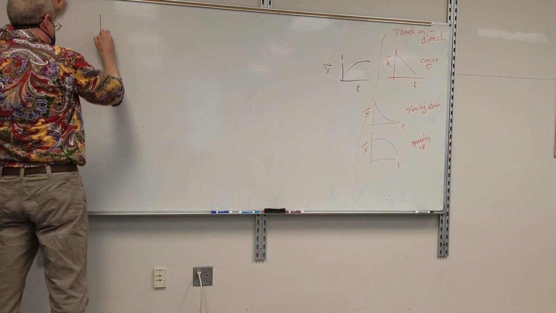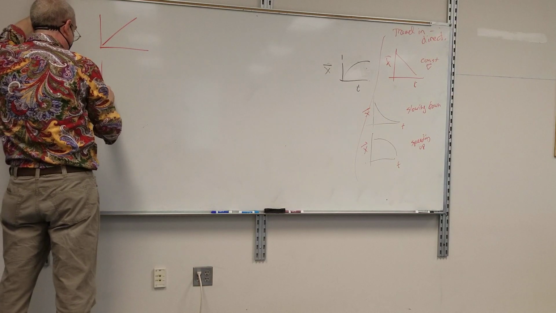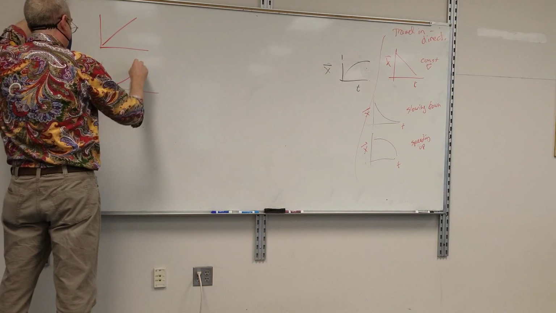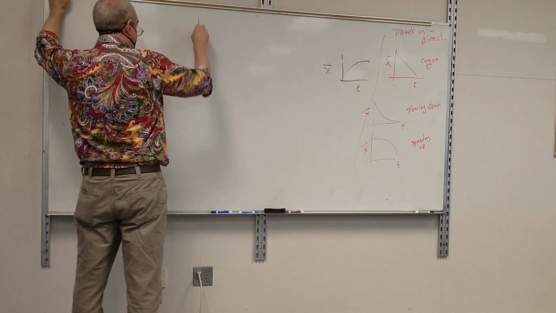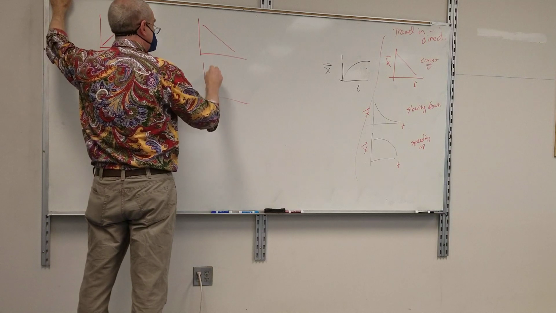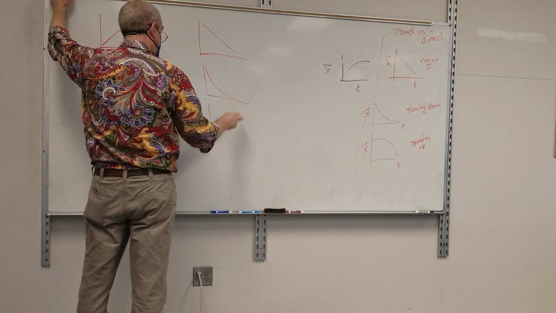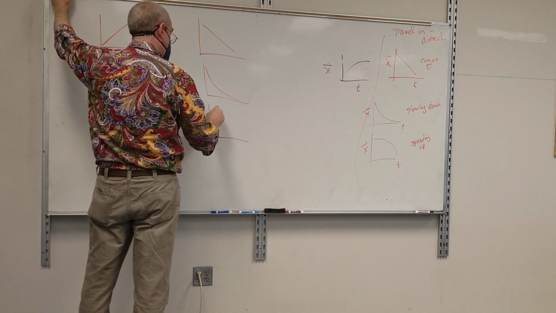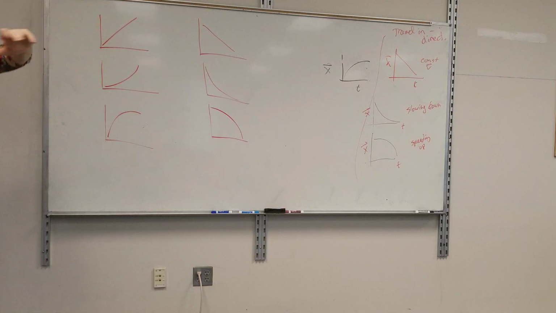All right, so we've got three basic graphs there. One like this, one like this, one like that, one like that. Basically the same order. Those are basically the six that we just dealt with.